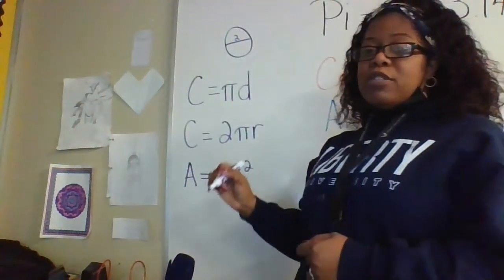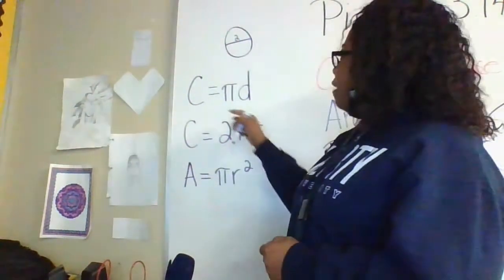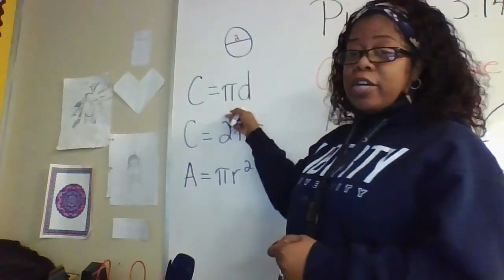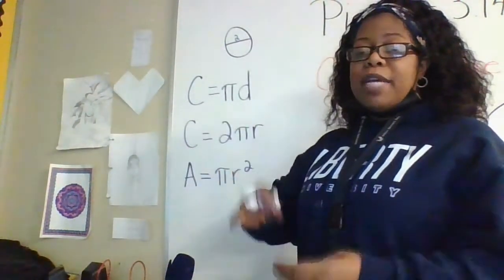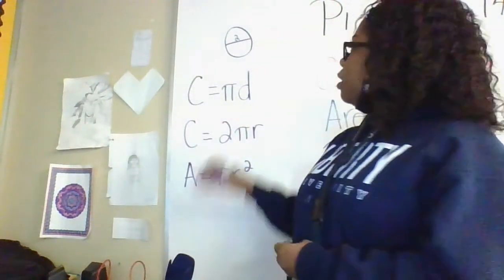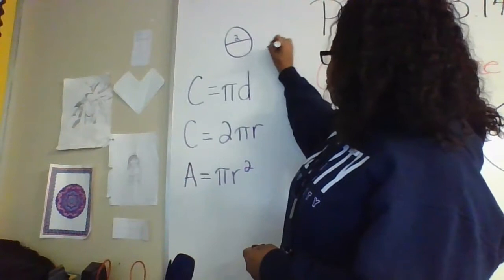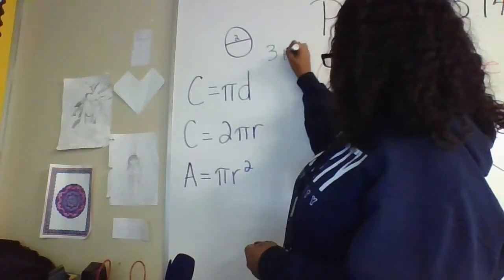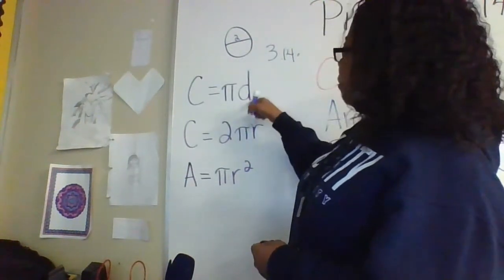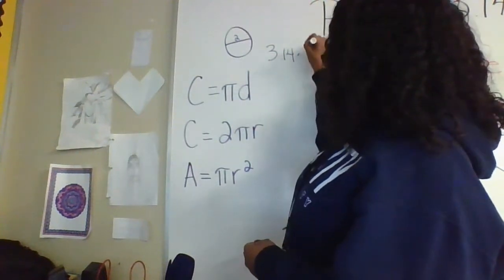So what we're going to do now is, instead of having a bunch of symbols and letters, we are going to translate this into numbers. So this would simply be pi, which is 3.14, times the diameter, which in this case is 2.